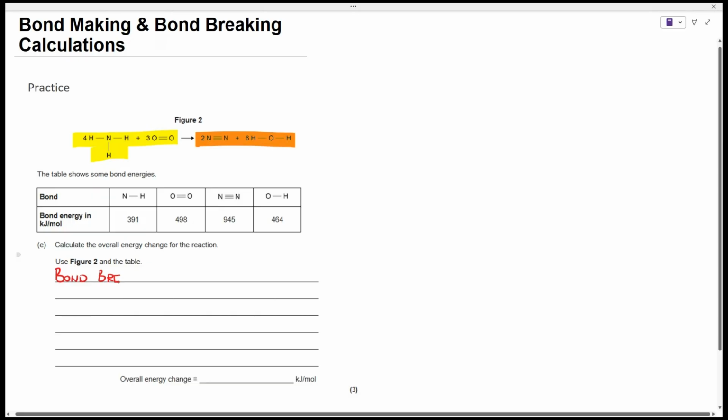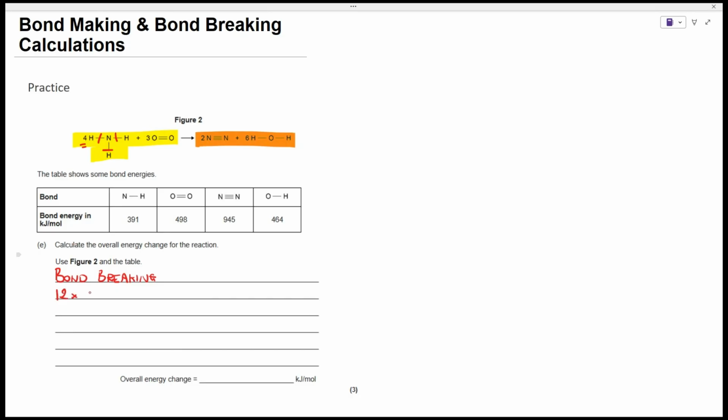So our bond breaking values should be nice and easy because they're all given to us. I've got 4 of these molecules with the N and the 3 H's. Within that molecule, I've got 3 bonds, but there are 4 of them. So in total, I've got 12 N-H bonds, which is going to be 12 multiplied by 491.